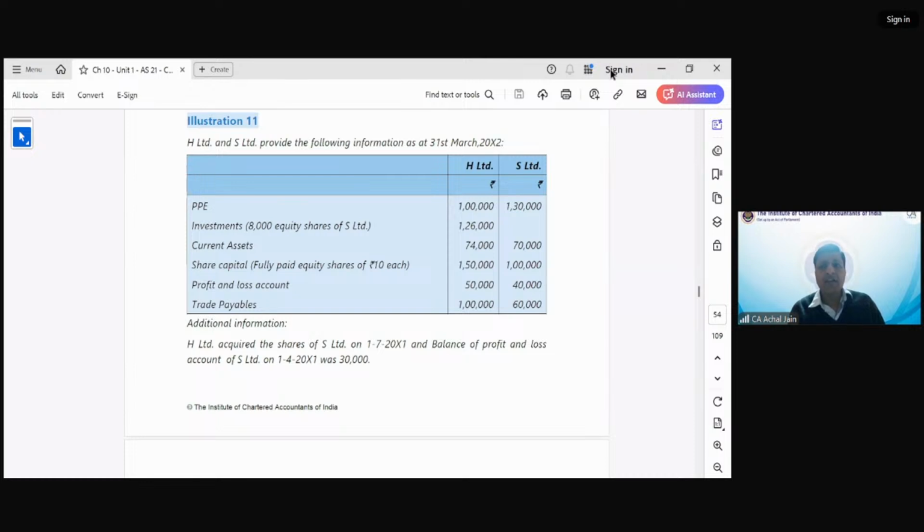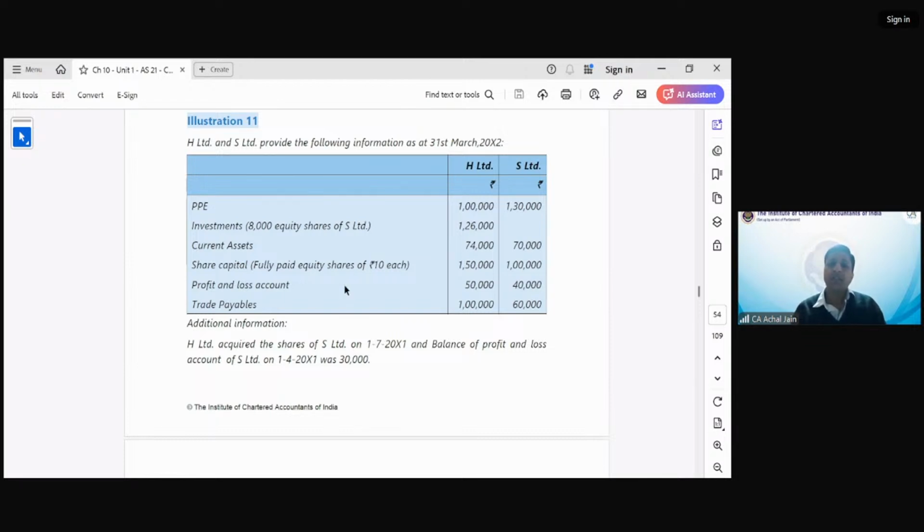So here again, H holds 80% shares of S, which means here again, we have minority interest equivalent to 20%.